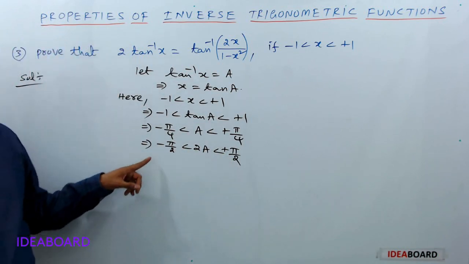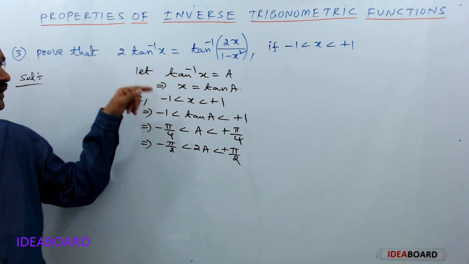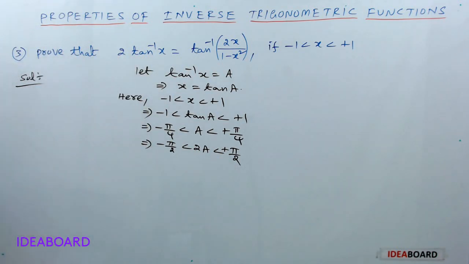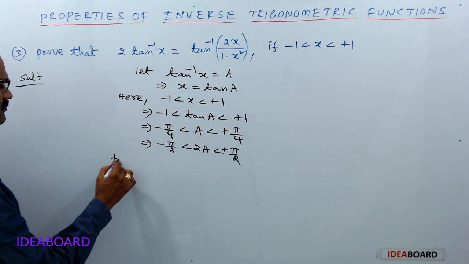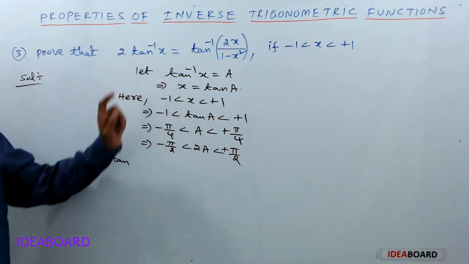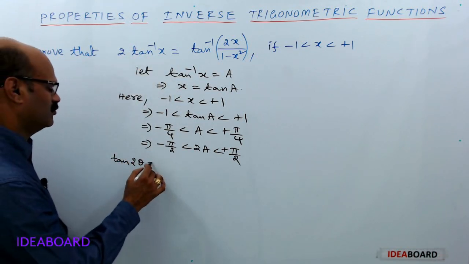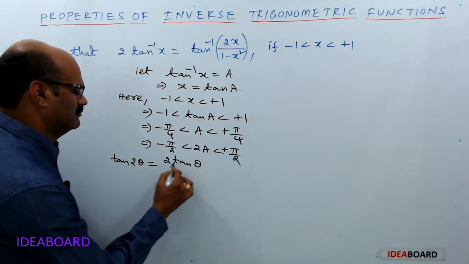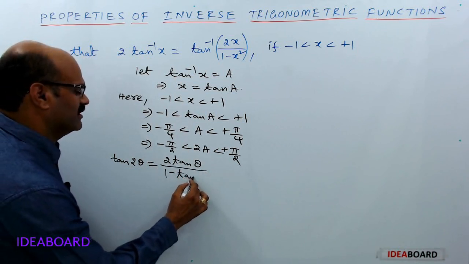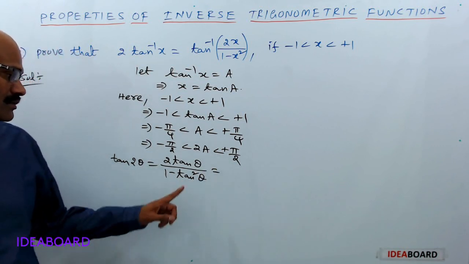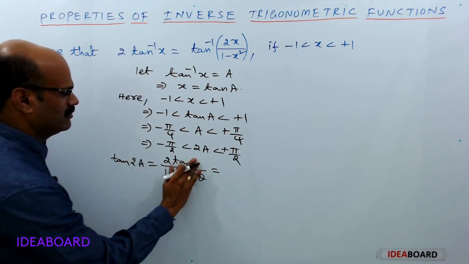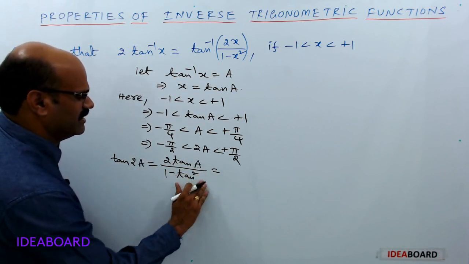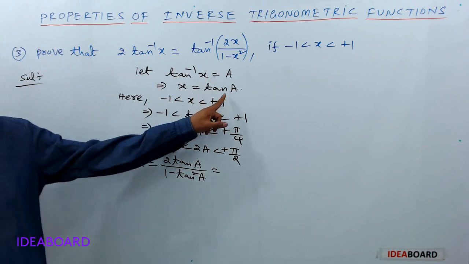Therefore, now we can take 2 tan inverse x. Now take the tan 2 theta formula. So tan 2 theta equal to 2 tan theta by 1 minus tan square theta. Take tan 2a, 2 tan a by 1 minus tan square a, tan a equal to x.